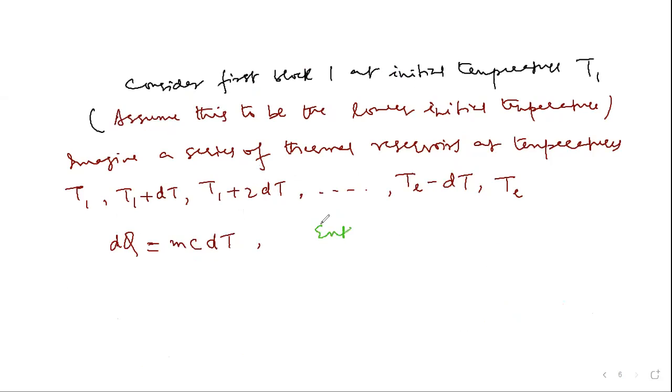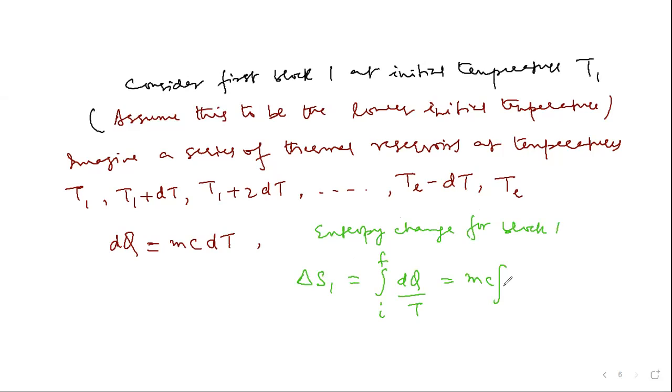So entropy change for block 1, which I write delta S1, is simply integral i to f dQ by T, which is equal to MC integral T1 to TE dT by T, because block starts with temperature T1 and ends with temperature TE.